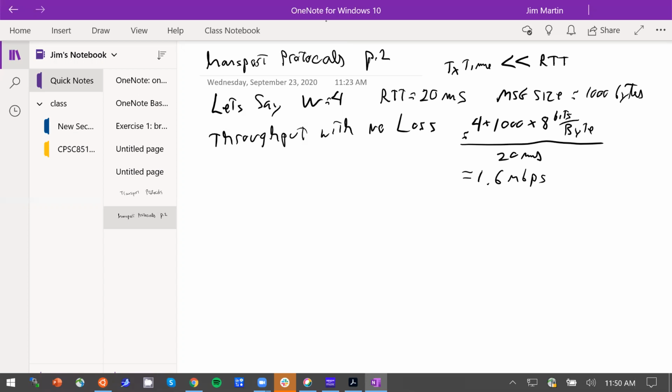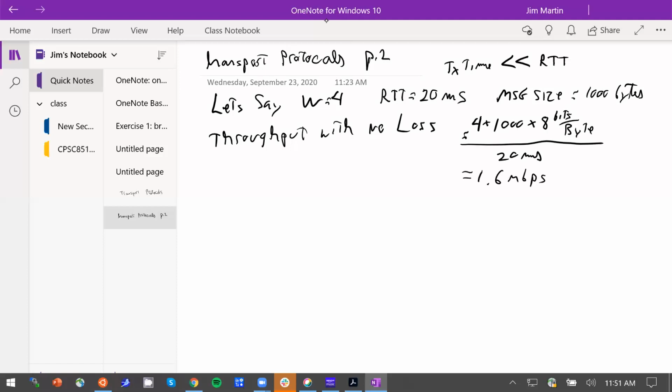Okay, so we want to compute the throughput of this transport protocol first with no loss. So we go back to the original equation that we talked about, where throughput is found by finding the total number of bits sent per epoch divided by the time of that epoch. The total number of bits sent is basically going to be a window of data.